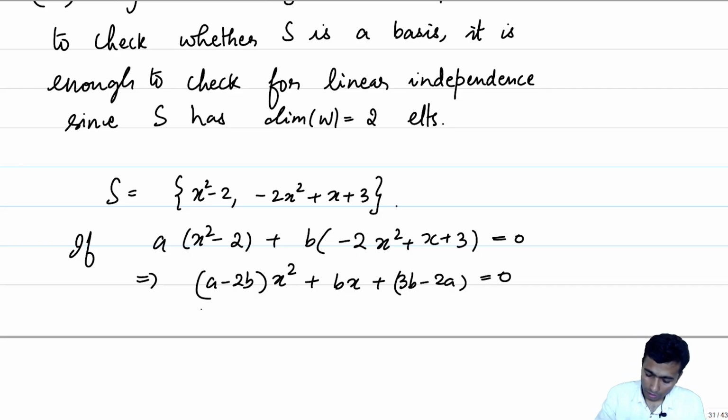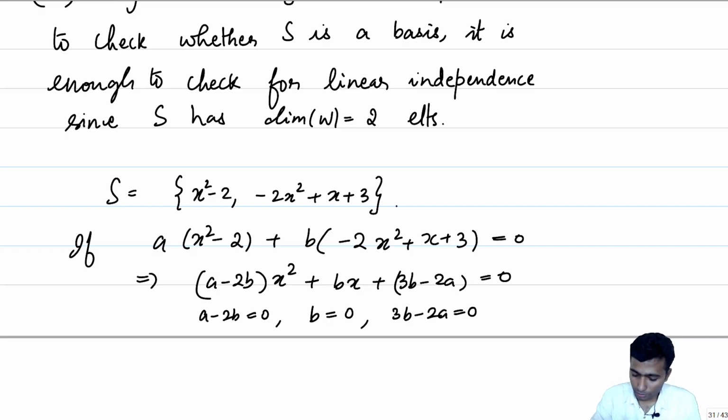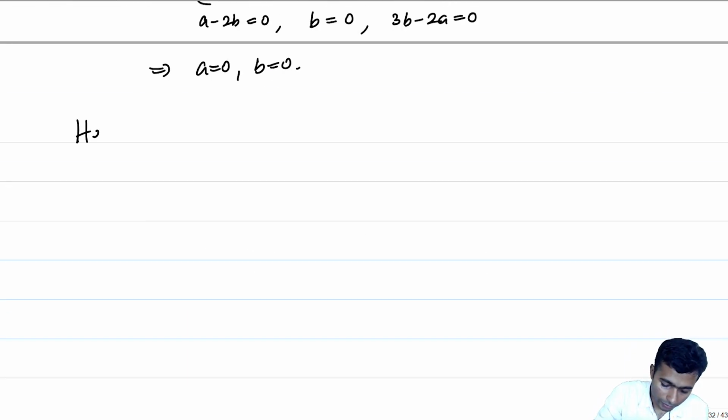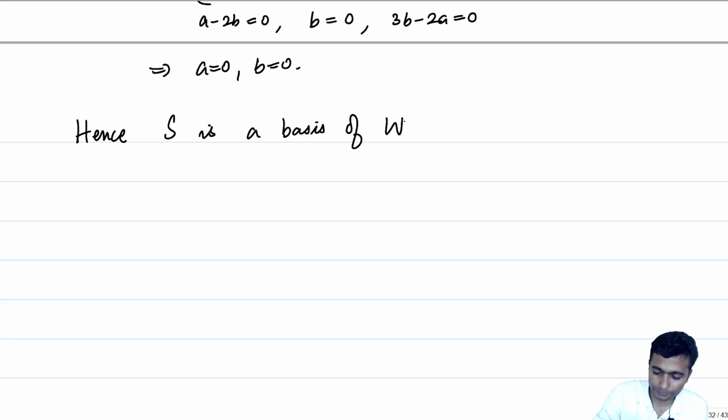And from this we have a minus 2b is equal to 0, b is equal to 0, 3b minus 2a is equal to 0. The second equation already tells us that b is equal to 0, and along with the first or third, which is consistent, tells us that a is equal to 0 and b is equal to 0. Therefore, we have established that it is linearly independent, and therefore it's automatically a spanning set, which makes it into a basis of W.